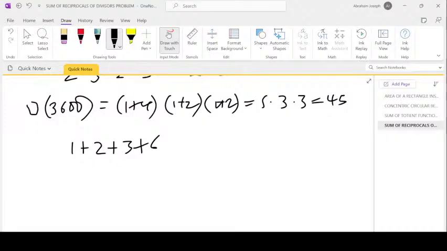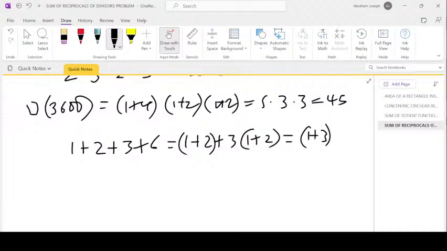When you factor this out, 3 is common to 3 and 6, so this is 1 plus 2 again, which gives us 1 plus 2, sorry. Let's arrange it in order: 1 plus 2 times 1 plus 3.